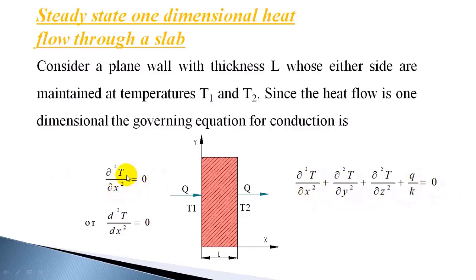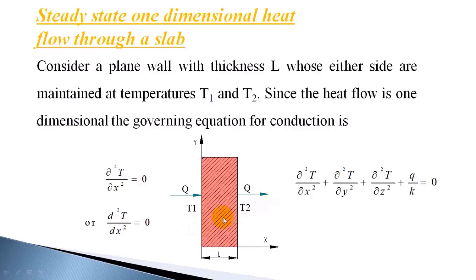Since the temperature is varying only with respect to x, you can replace this partial derivative with the total derivative. So you can write d square T by dx square equal to 0. This is the differential equation for one-dimensional steady-state heat conduction through a slab with constant thermal conductivity and without any heat generation inside.